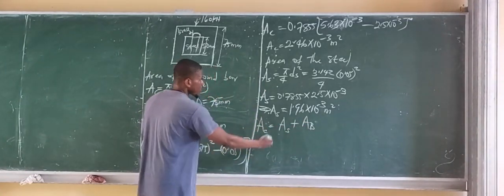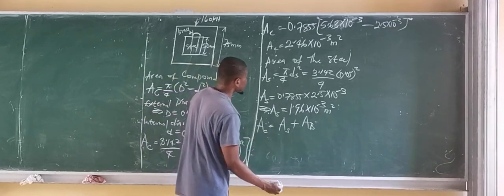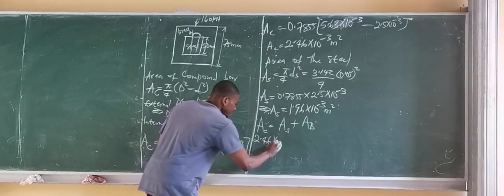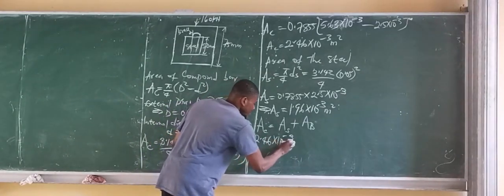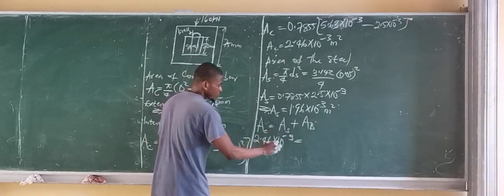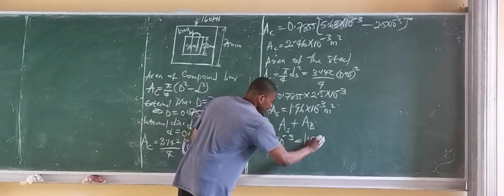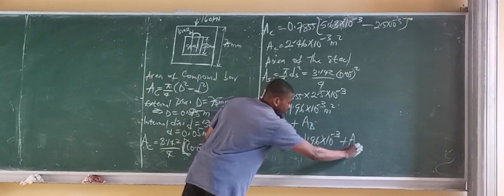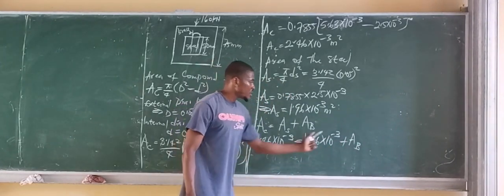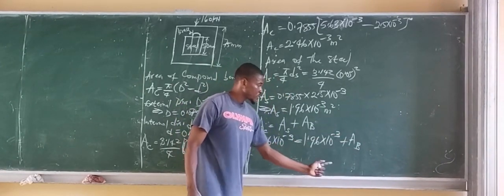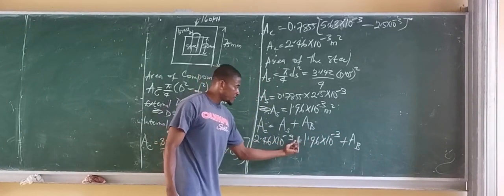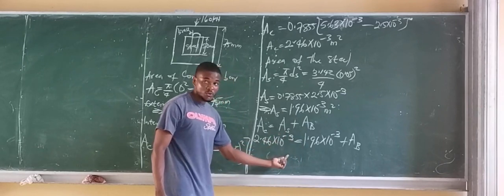But we know the area of the compound bar was given earlier to be 2.46 times 10 to the power of minus 3, and that's equal to the area of steel, which we found as 1.96 times 10 to the power of minus 3, plus the area of brass. So we make the area of brass the subject of the formula. Simply send 1.96 times 10 to the minus 3 over to this side. If a positive sign crosses the equal sign, it becomes negative.